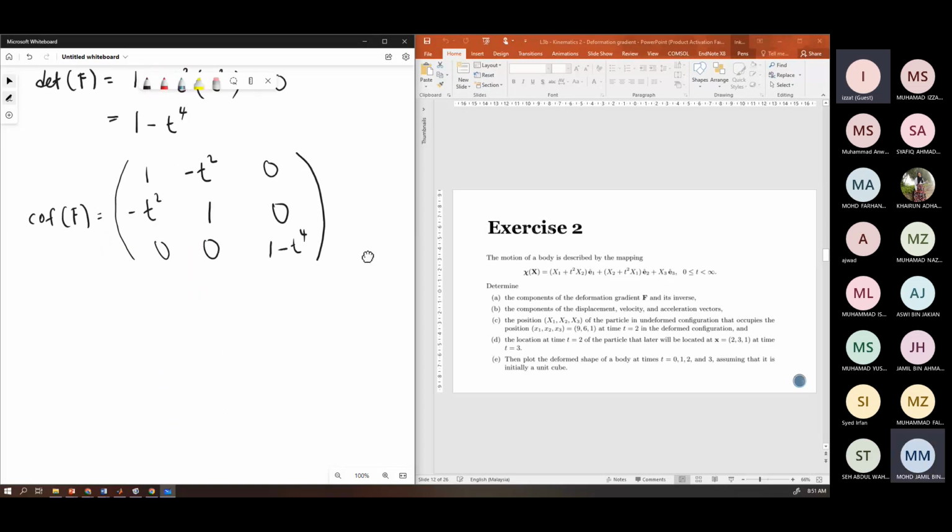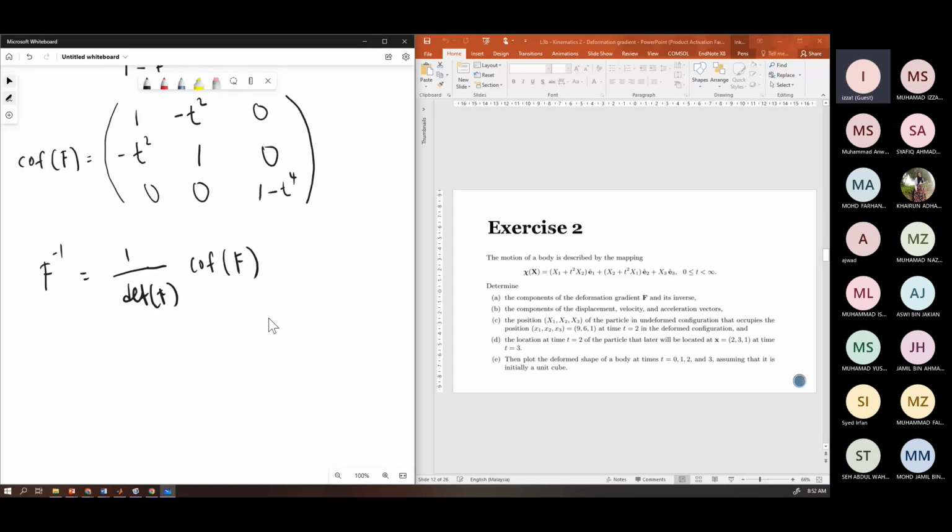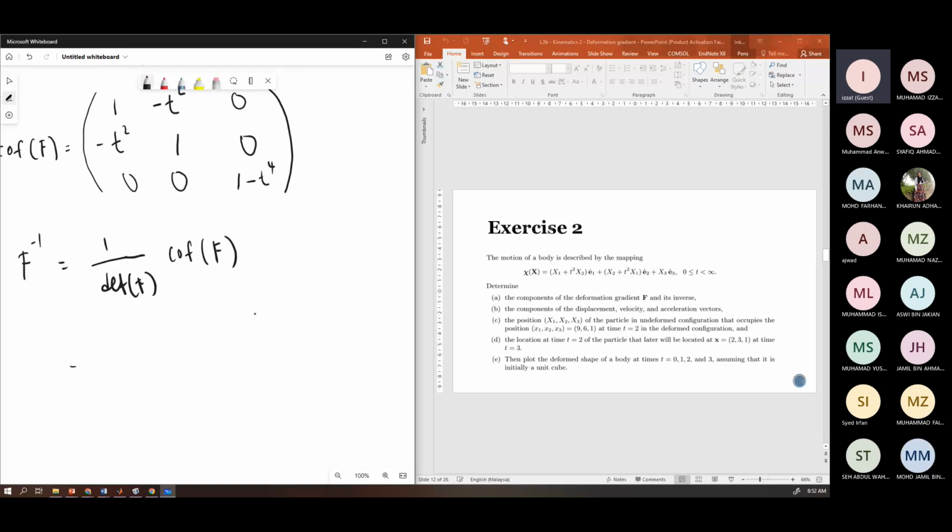And then the inverse is simply the inverse of F equals 1 over the determinant of F times the cofactor matrix of F. So you get 1 over 1 minus t to the power of 4. So just rewrite it.